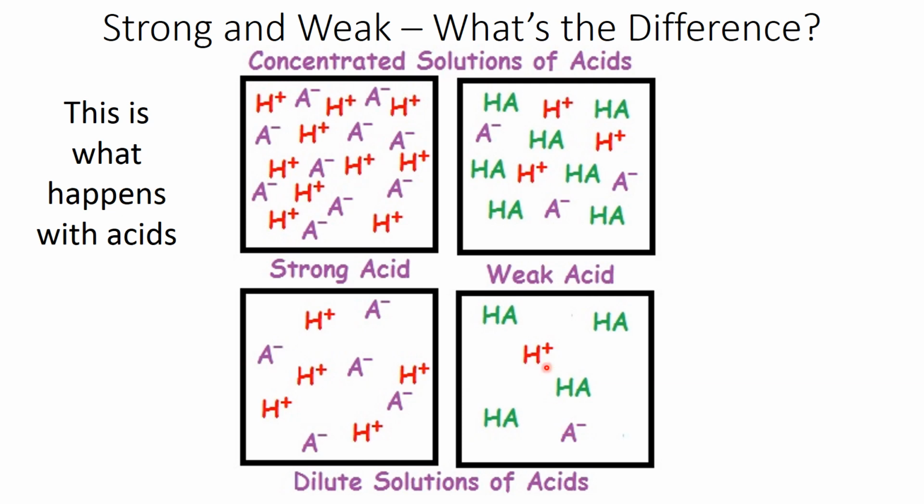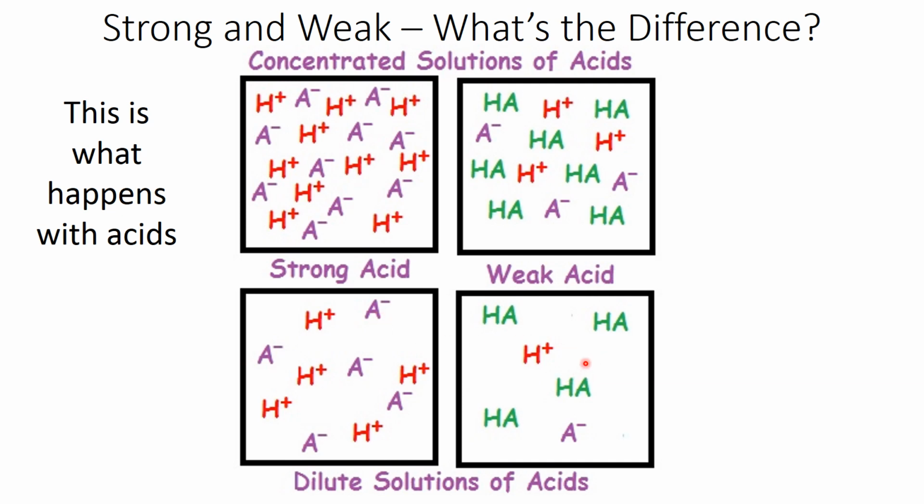So essentially 1 in 5, so about 20%. With a strong electrolyte, I have the same 5, but it's 100% ionized. So of those 5, all 5 have split into separate hydrogen ions and anions.